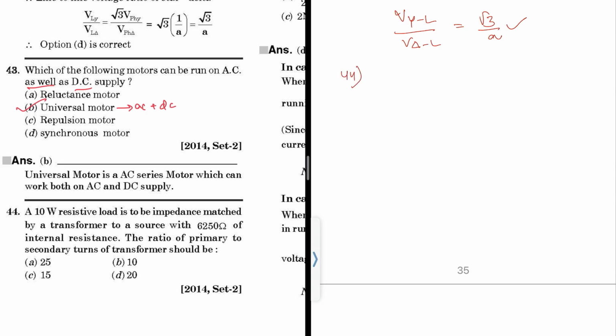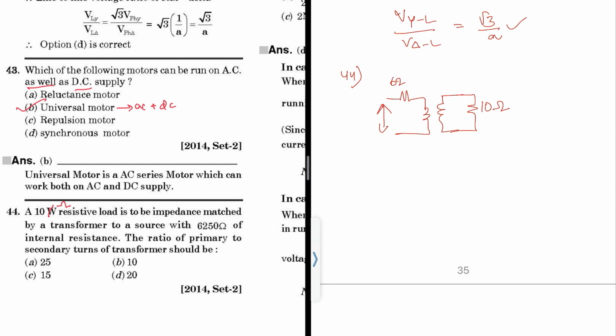So a 10 watt, correction, this is not 10 watt, this is ohm. A 10 ohm resistive load is to be impedance matched with a source of 6250 ohm, like this, and there is a transformer and a 10 ohm resistor. So impedance matching is happening.